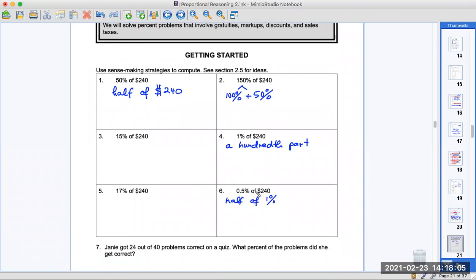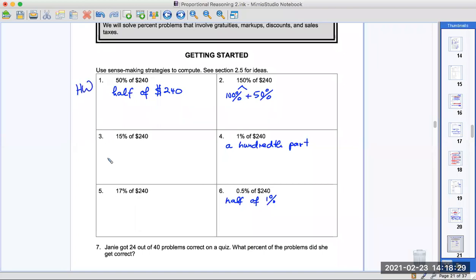So when you find 1%, you take half of that and you get 0.5%. And then when you find the 100th part, the 1%, to find 15%, you can multiply that answer by 15. And here, 17%, if you find the 1%, take that answer and multiply by 17. So those are some of these strategies that we're talking about.